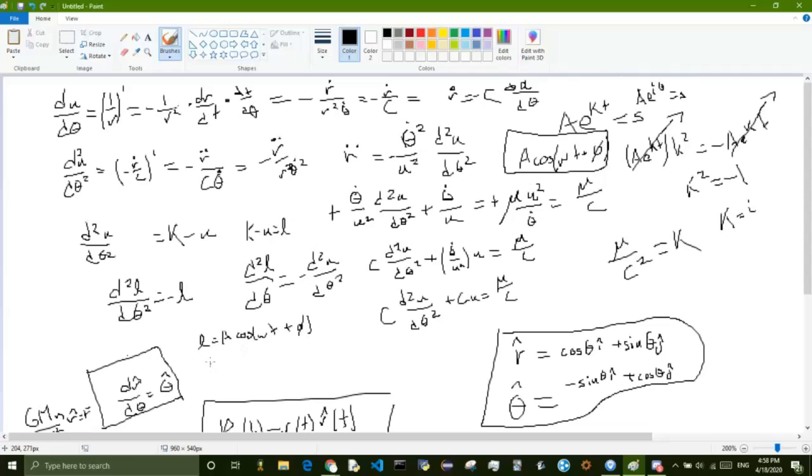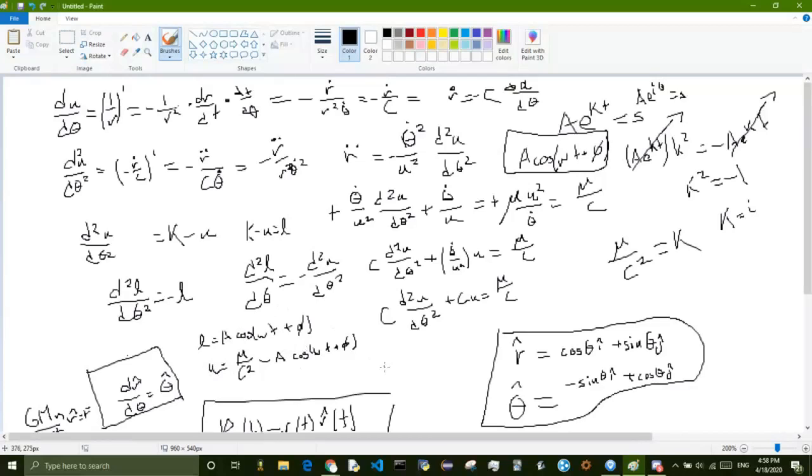Solving everything at once, we get u equals mu over c squared minus a cosine omega t plus the phase shift. All I did is back substitute for u.